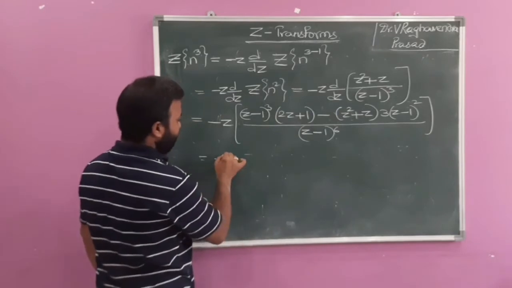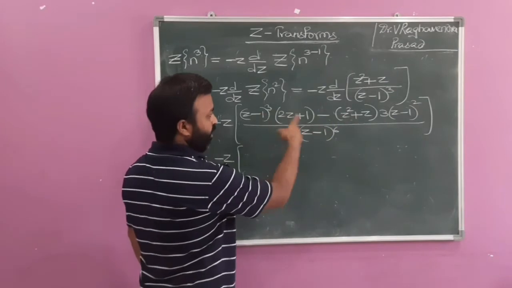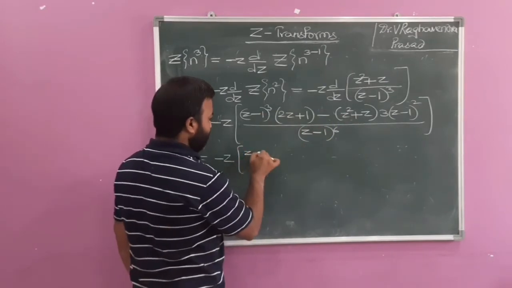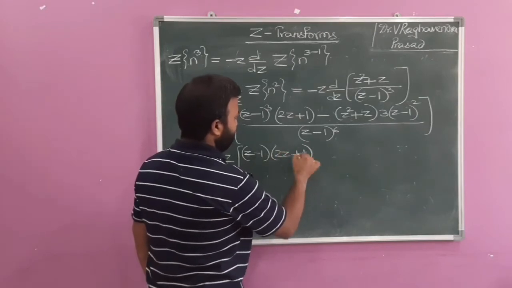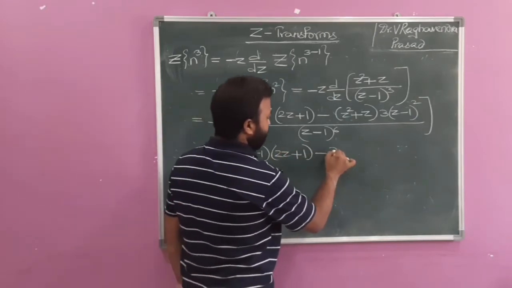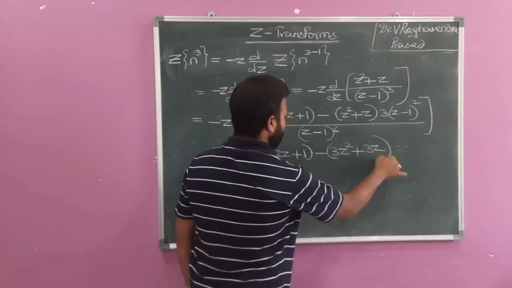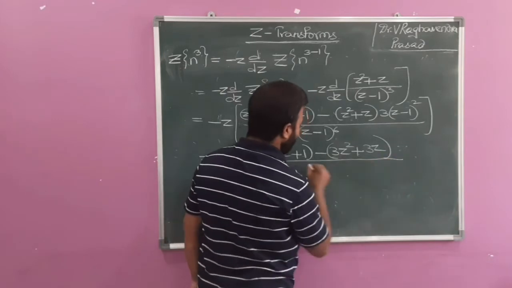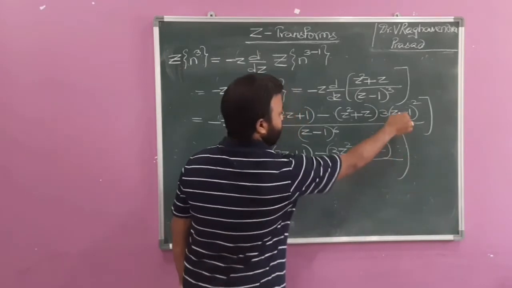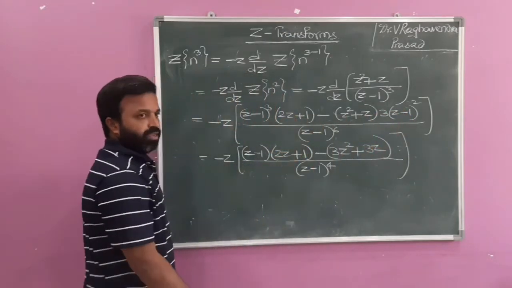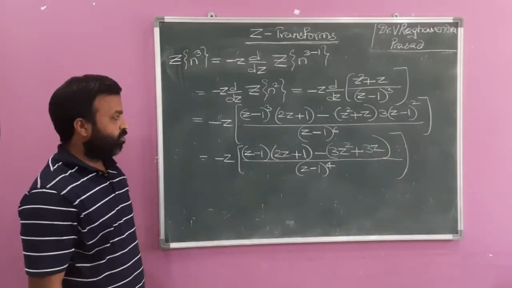That is equal to minus z into, by taking z minus 1 whole square as common, we get z minus 1 into 2z plus 1 minus 3 into z square plus z by z minus 1 whole to the power of 4. Z minus 1 whole square gets cancelled from both the numerator and denominator, so we get z minus 1 whole to the power of 4.